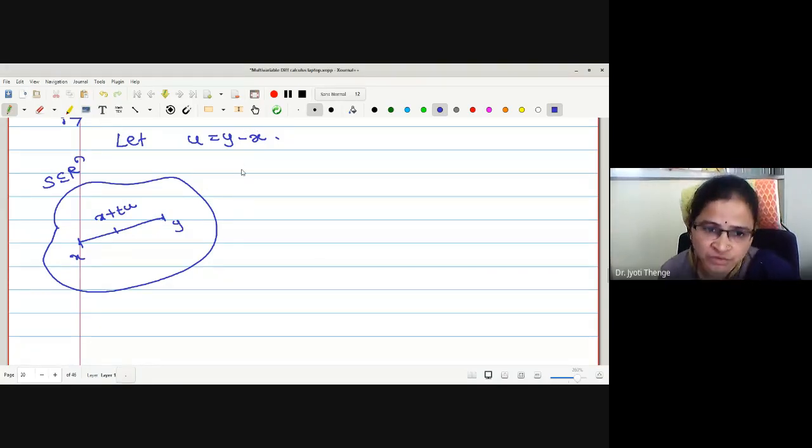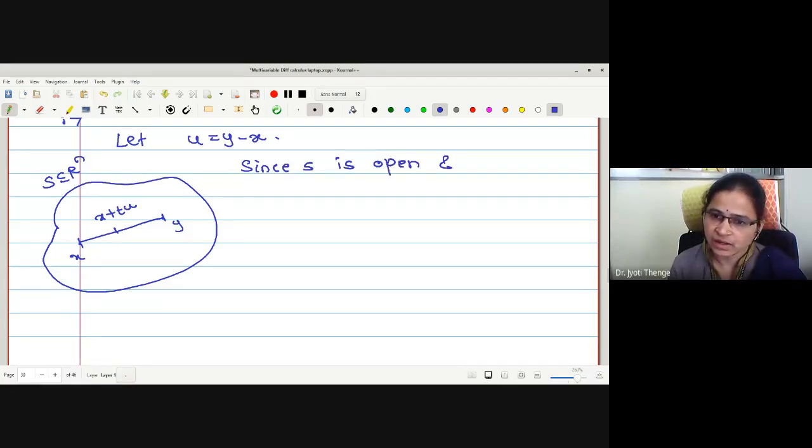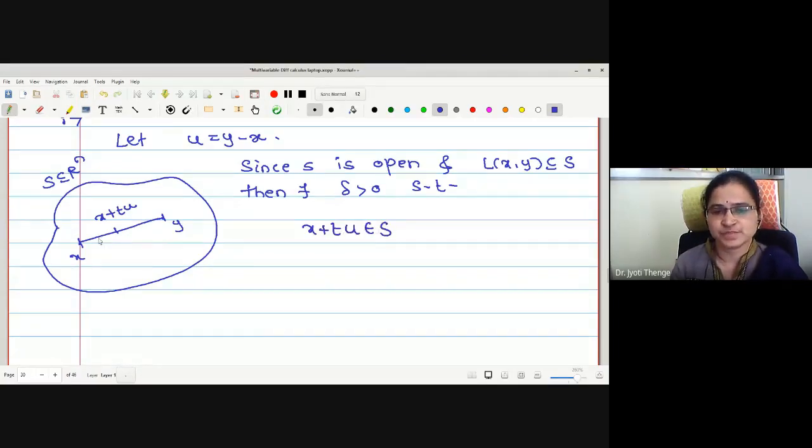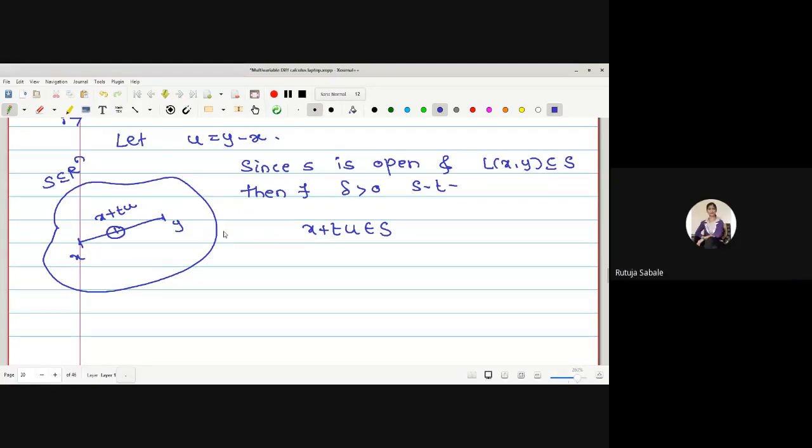Now what is another thing given to us? Since S is open and the line segment joining the two points is contained in S, there exists delta greater than 0 such that x plus tu belongs to S. Whether this element belongs to S or not?